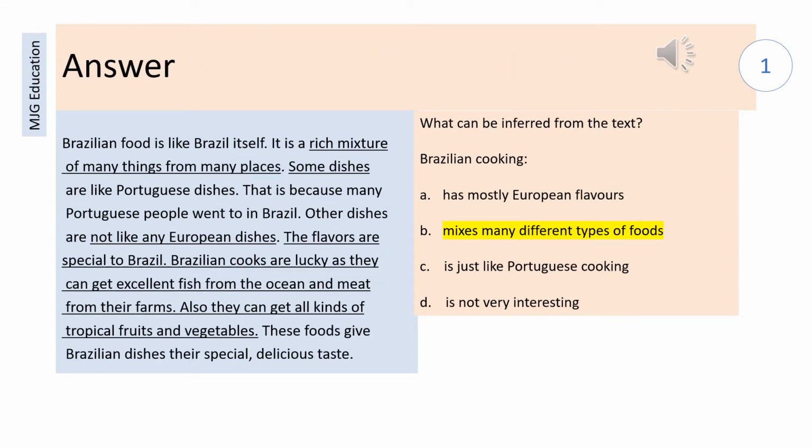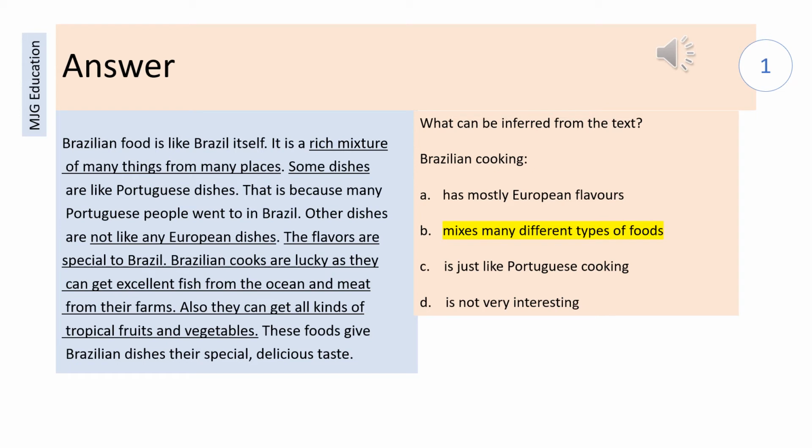So the prompt for this question is asking what can be inferred from the text, and then it gives you Brazilian cooking, colon. And the correct answer is: mixes many different types of foods. You can arrive at this answer in different ways. You might just read the text and understand the answer, but you can also do it by elimination. It never really mentions European flavors, so that can be eliminated immediately.